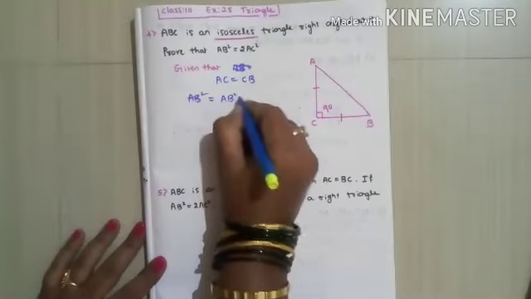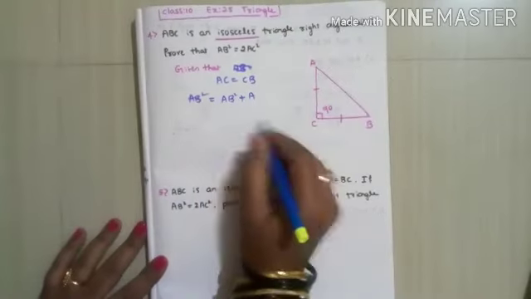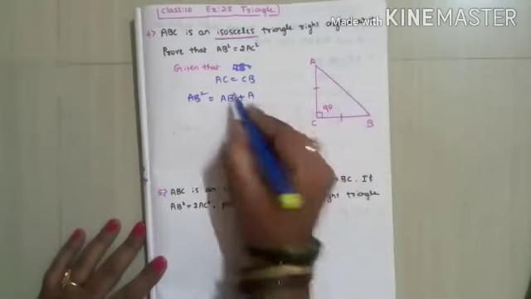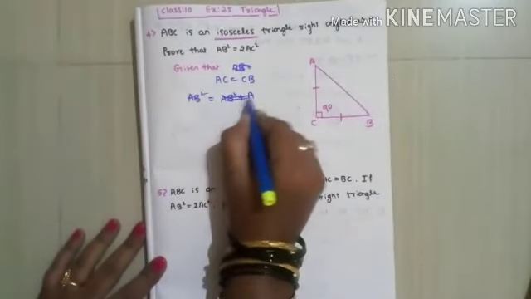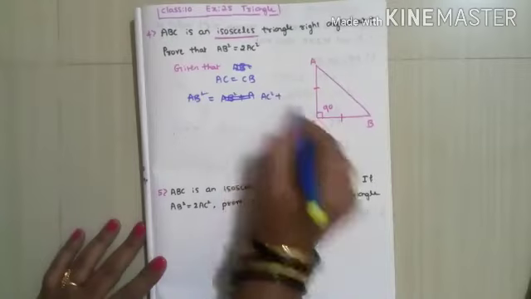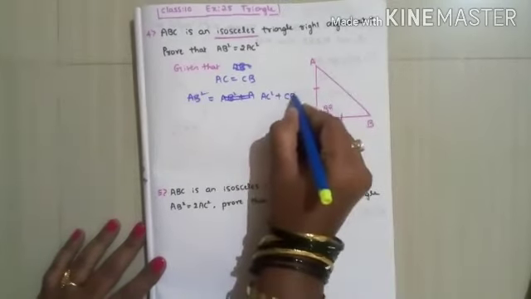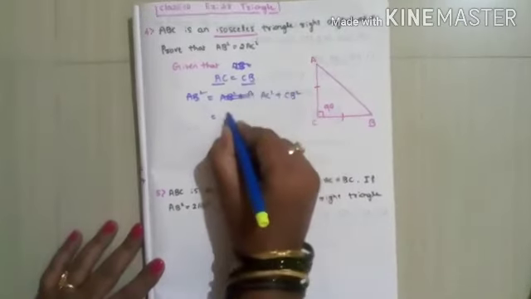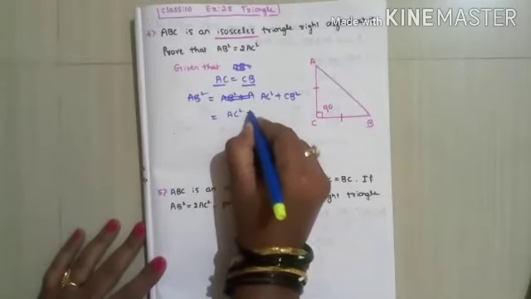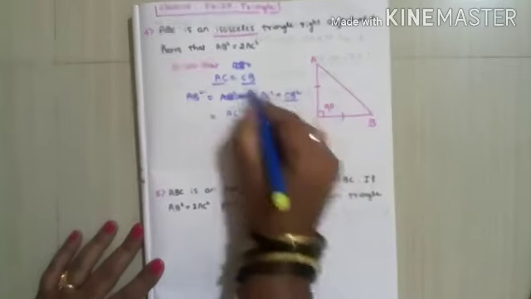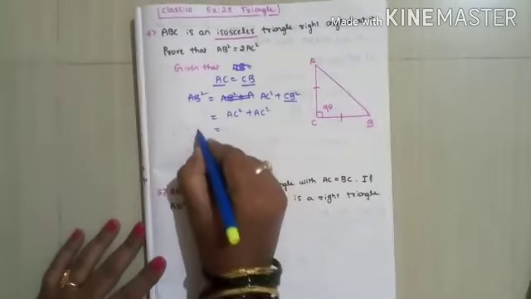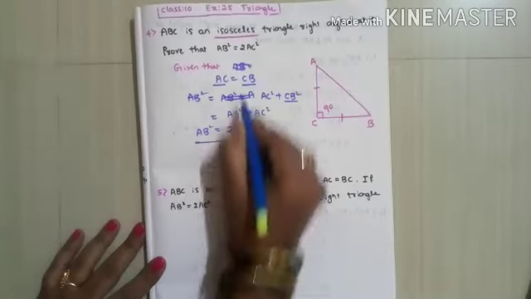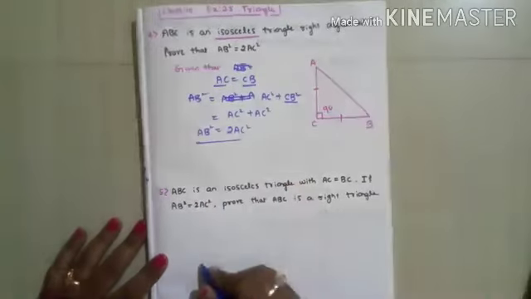Here AB is the hypotenuse. So AB square is equal to AC square plus CB square. Here already we know that AC is equal to CB, so I can write AC square plus AC square. So AB square equal to 2AC square. This is the result we want to prove: AB square equal to 2AC square.